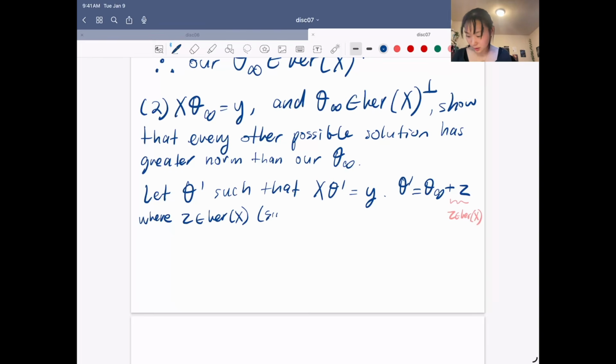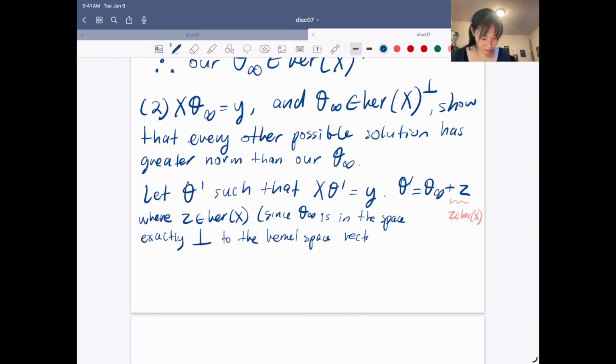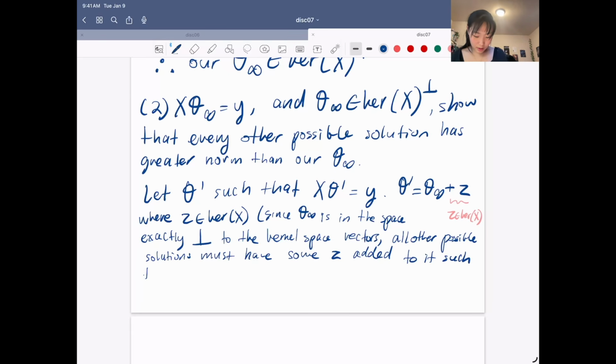And this is because since theta infinity is in the space exactly perpendicular to the kernel space vectors, all other possible solutions must have some z added to it such that it's still a valid solution, because z falls into the kernel space, so it doesn't really affect the final answer.